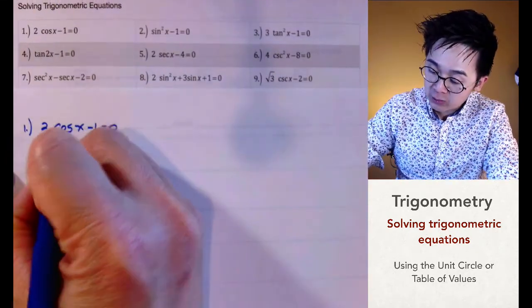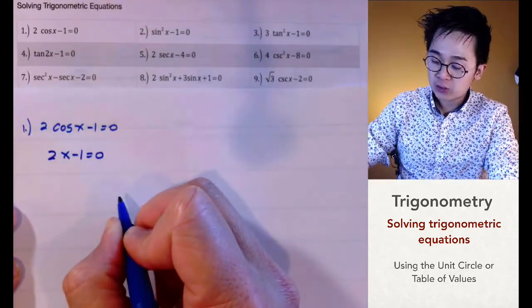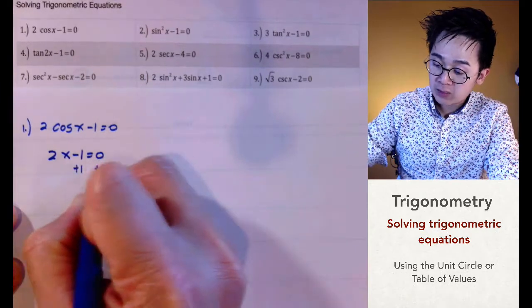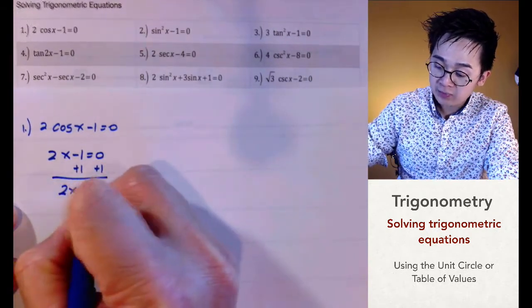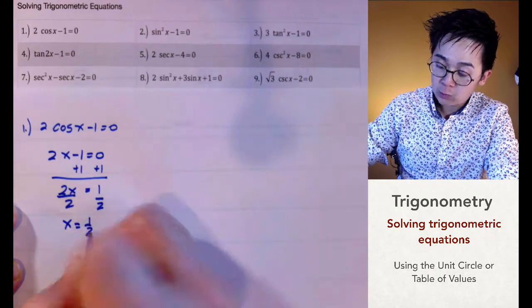This is similar to 2x minus 1 equals 0. To solve an algebraic equation like this, we add 1 on both sides so that we have x by itself, and then divide both sides by 2 so that x is equal to 1/2.